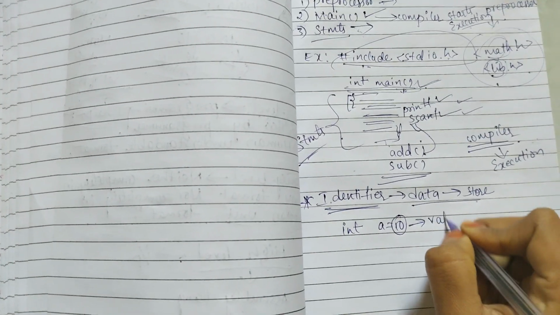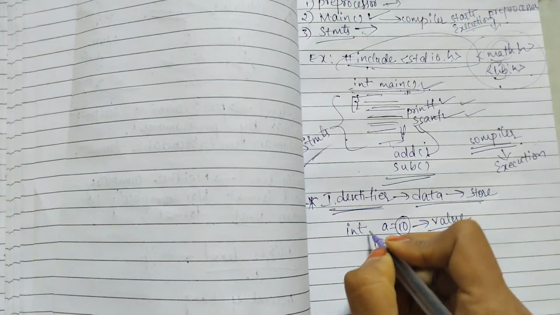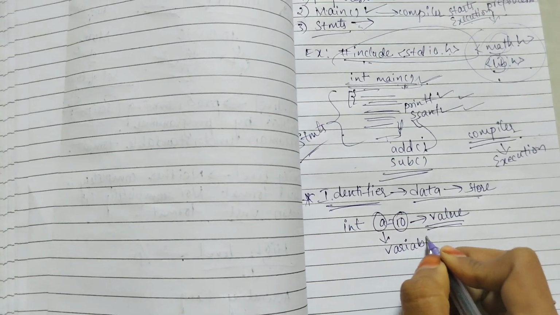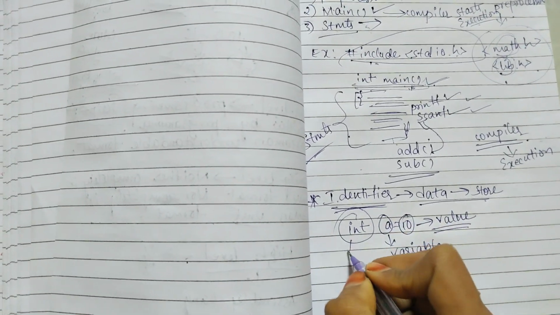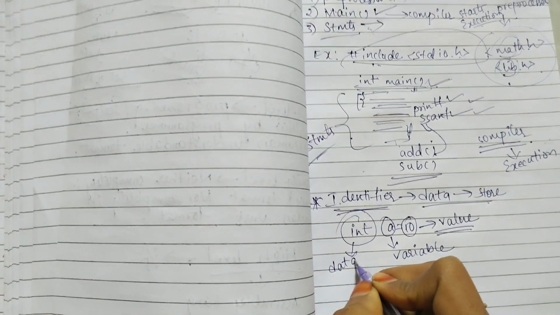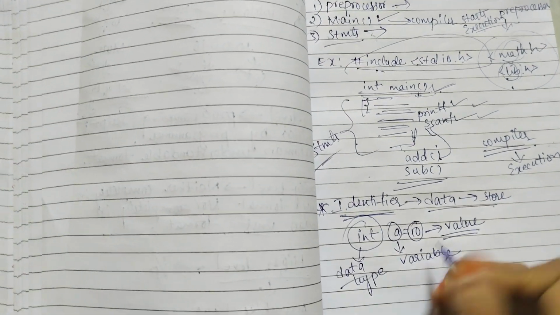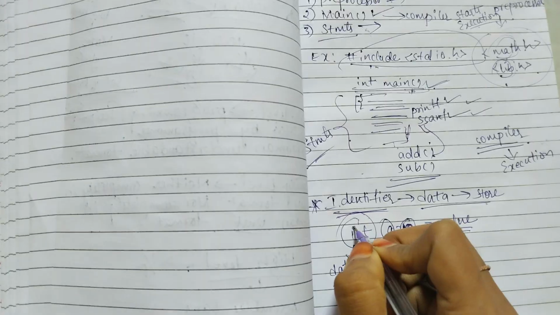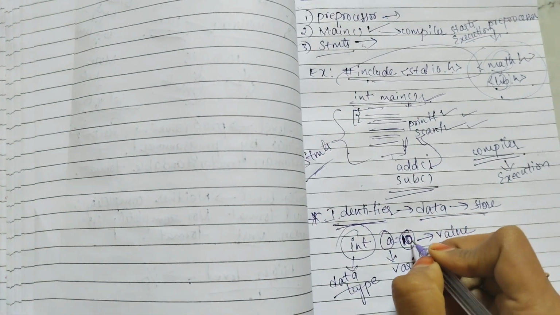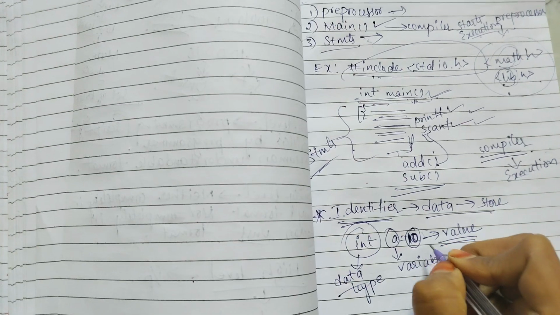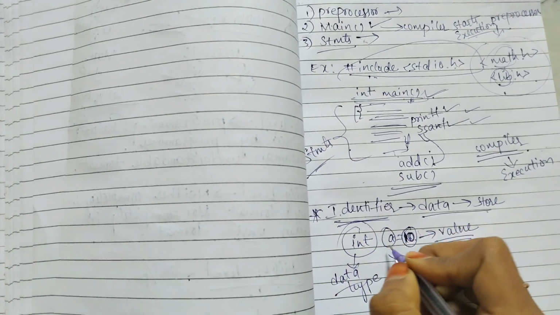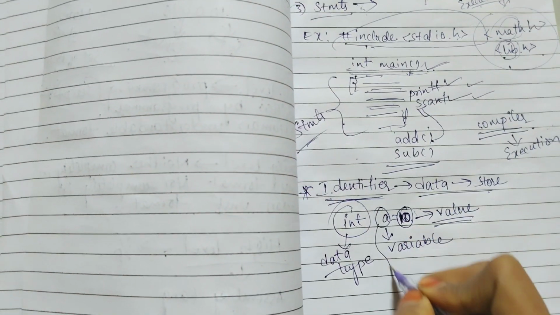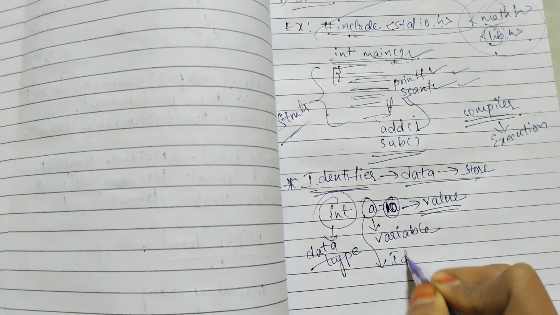Clear? 10 is the value I am storing inside the variable a. a is the variable and int is the data type. Which type of data am I storing? For example, if I am storing a number, then I have to take an integer. If I am taking 10.5, that is a floating point number, so I have to take float a. Clear? In this case, a is also called an identifier.